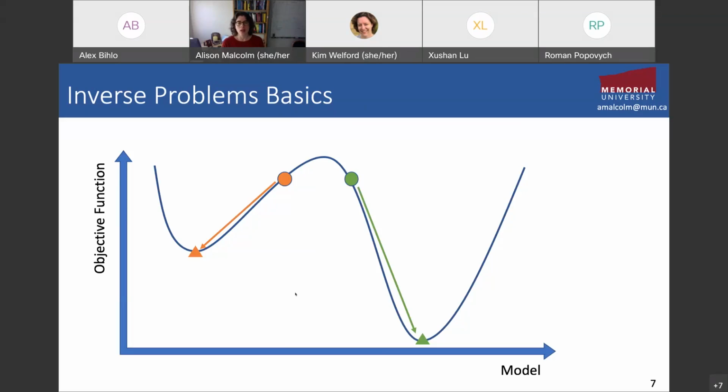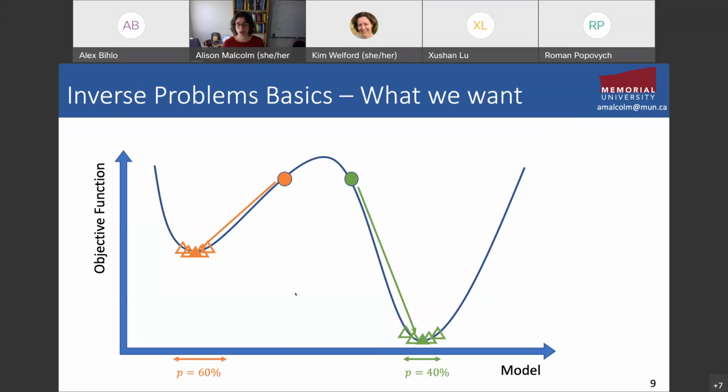Okay. But the issue with this, when we start to look for small changes and to recover parameters and understand their precision, is that all of these models might fit the data reasonably well. Your data have errors. Your objective function is not perfect. Your understanding of the physics you have to model is not perfect. And so the data that you have are going to have errors, and all of these models might be equally legitimate, equally valid.